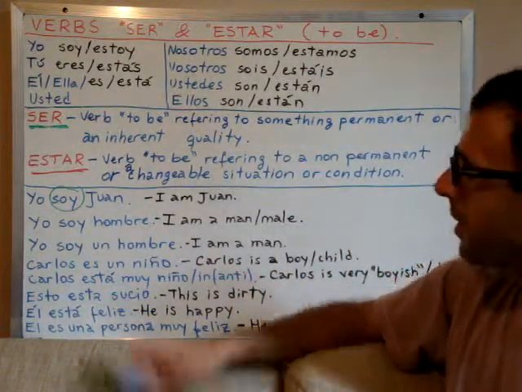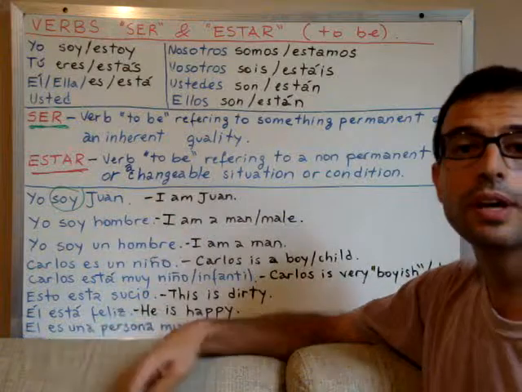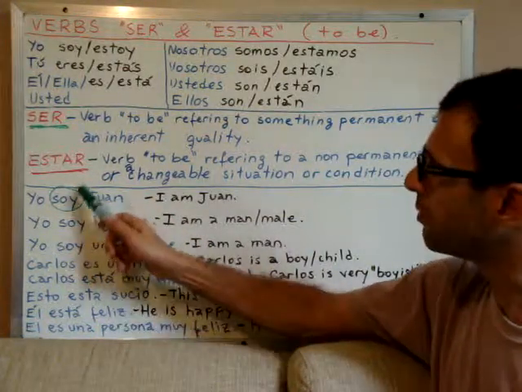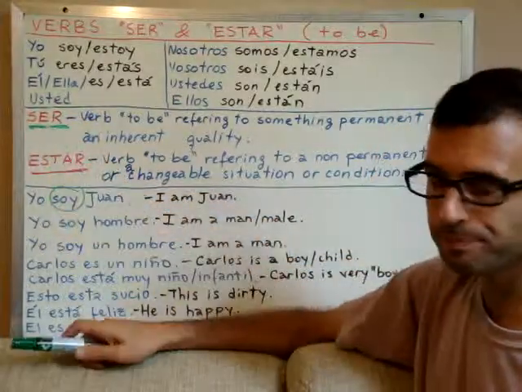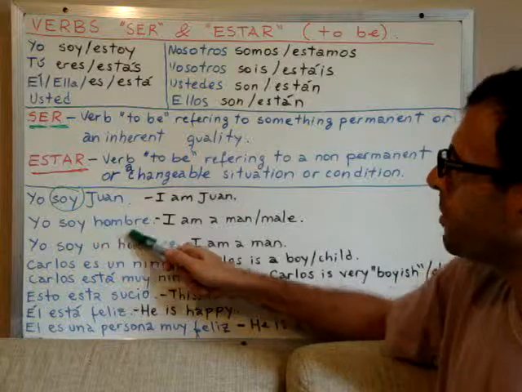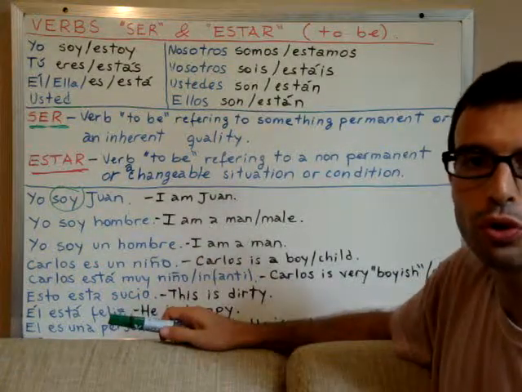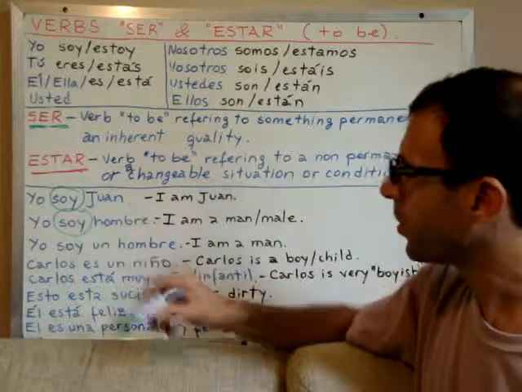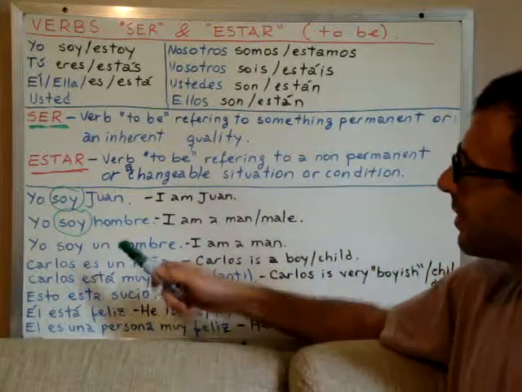I am Juan. The name is something permanent or more or less permanent. So we use the verb ser. Yo soy hombre. I am a man or male, right?